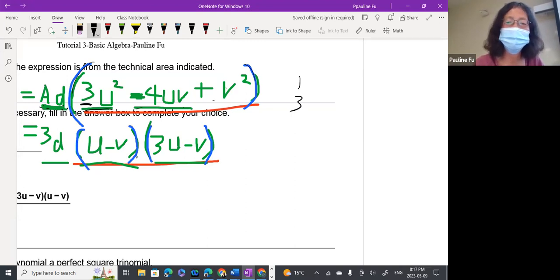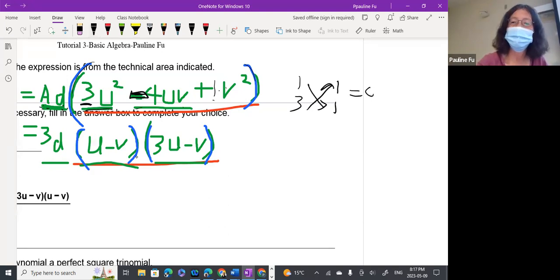And then you have v squared. It is actually 1v squared. 1 times 1 is 1. But the cross product must be equal to -4. If you do it this way, the cross product is 4. That's why you need to make a change.